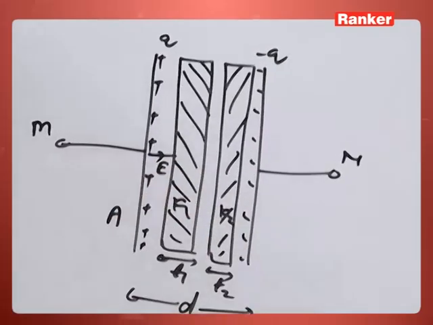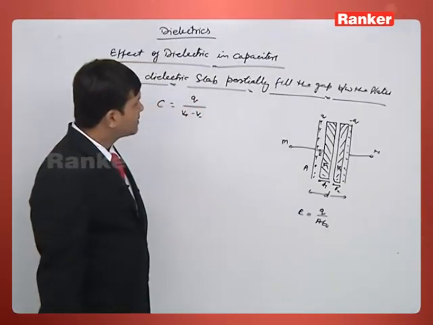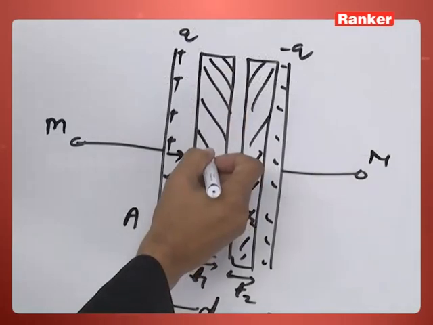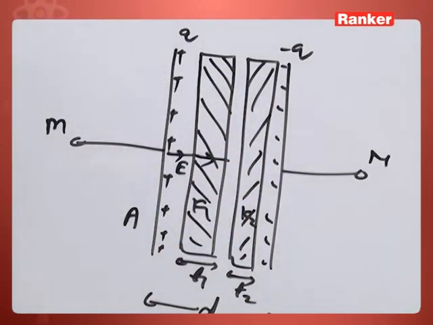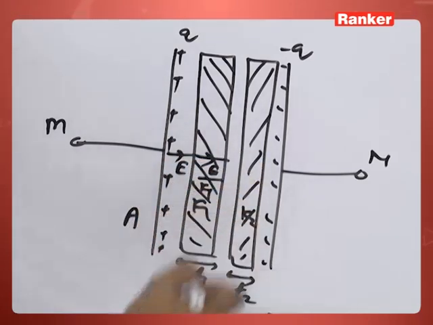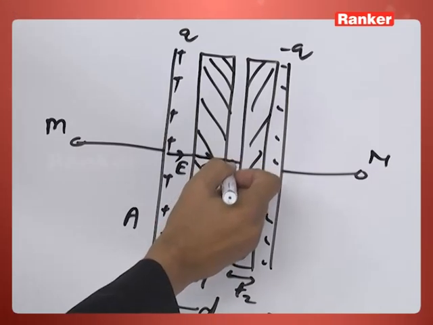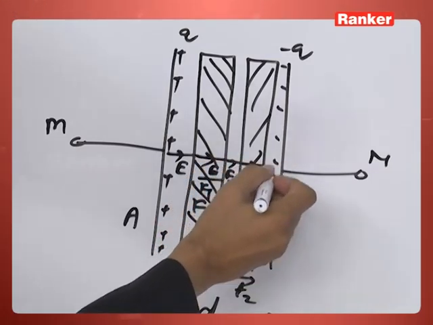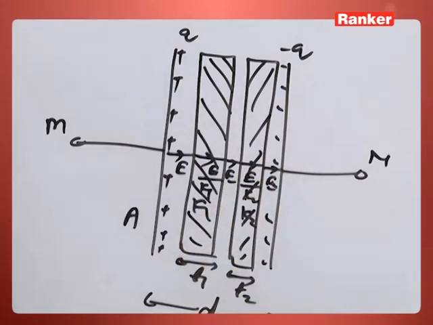This is your E field. As we have derived, inside a slab the field will decrease by a factor K. So here the field will be E by K1. Again here the field is E. Again here the field is E by K2, and again here the field is E.